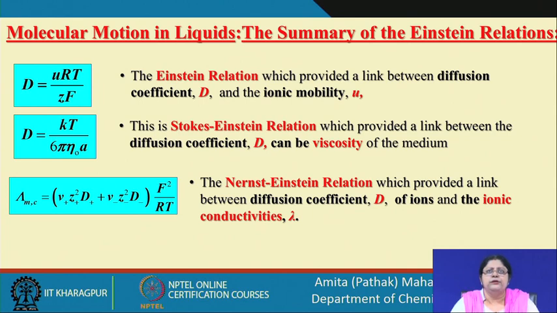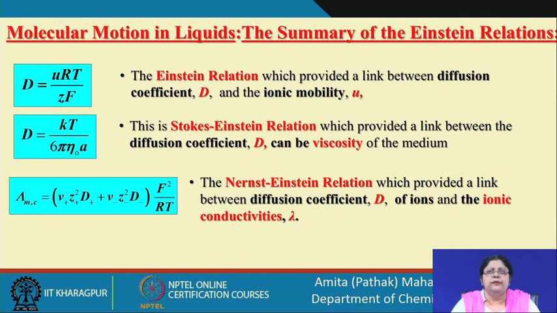So, the equations which we had derived considering the particles to be charged, and we were trying to establish a relationship with that of non-charged particles, were essentially three. The Einstein relationship, where we were trying to establish a link between the diffusion coefficient D and the ionic mobility.